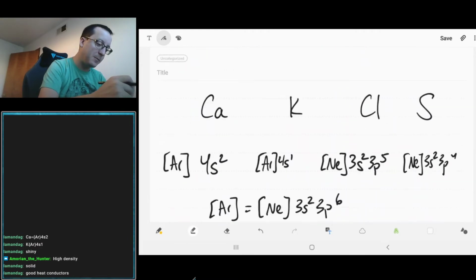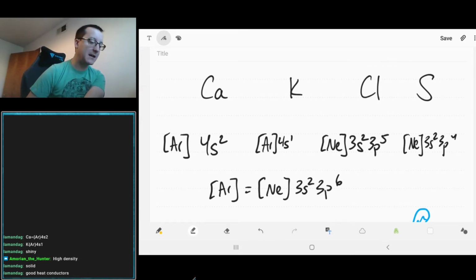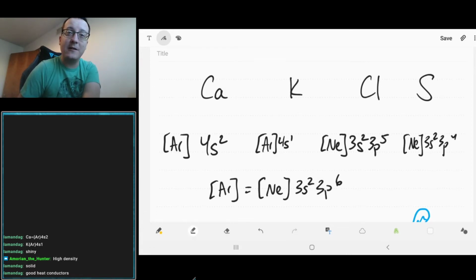So one big thing about Chapter 5 is we're going to see that all of these elements are going to want to become like noble gases, right? They all aspire to nobility. They all want to be noble gases. And we're going to see that there are several ways that things can become noble gases.